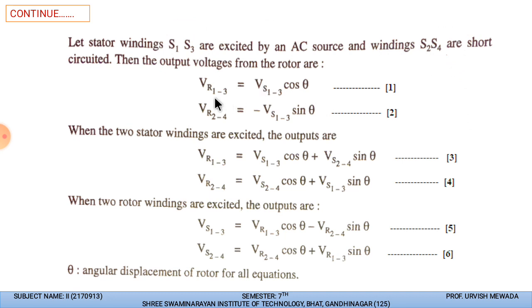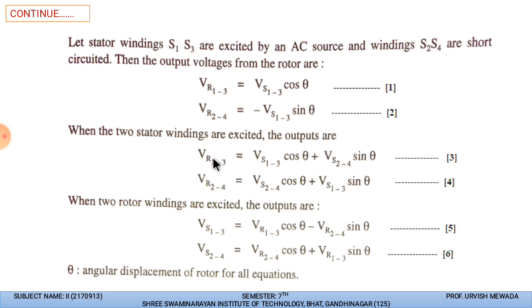Then the output voltages from the rotor are VR13, because S1 and S3 are excited, so we get the output at 1 3. So VR13 is VS13 cos theta, and 2 4 are short circuited, so VR24 is minus VS13 sin theta. These two are the equations when we give excitation to S1 and S3, and S2 and S4 are short circuited.